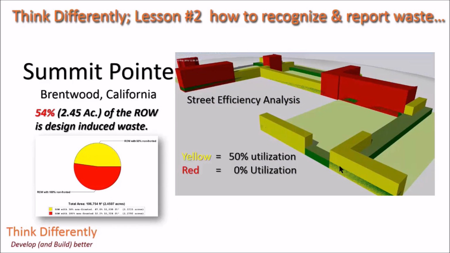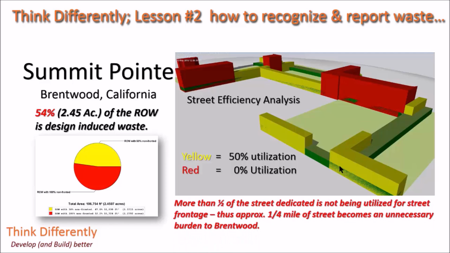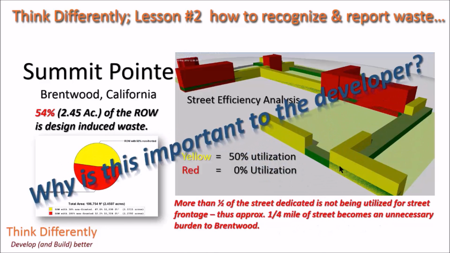So when we look at it from a street analysis standpoint, about half the street is in the form of waste. Why that's important should be pretty obvious to you by now, but if you look at it from a number standpoint, that's about a quarter mile of street that is a maintenance headache to the city forever.